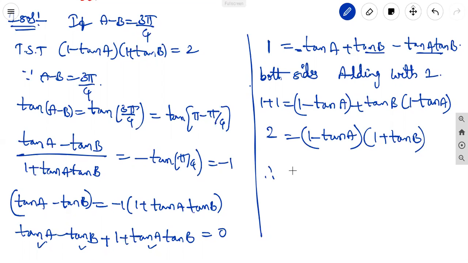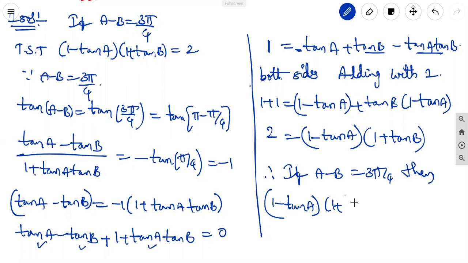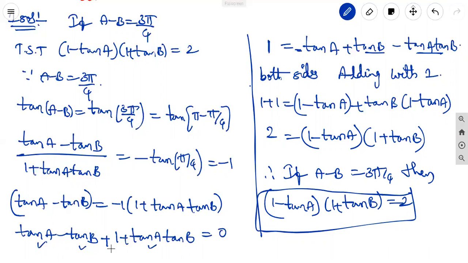Therefore, if A minus B equal to 3 pi by 4, then 1 minus tan A into 1 plus tan B is equal to 2. If we observe here, taking tan B common, 1 plus tan A will come, and 1 minus tan B is the remaining term.